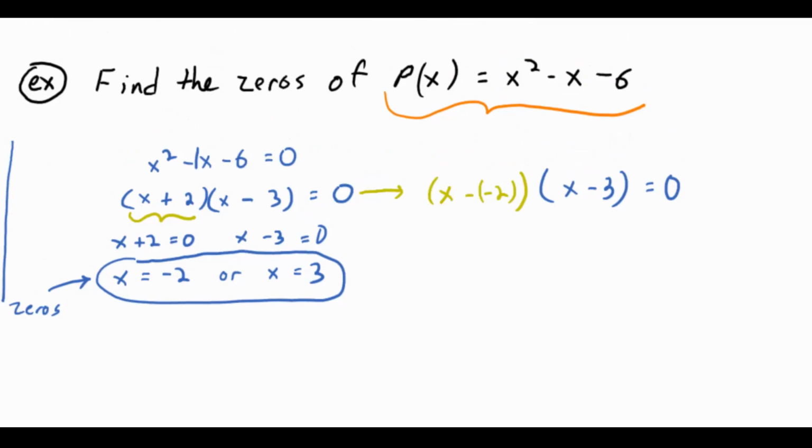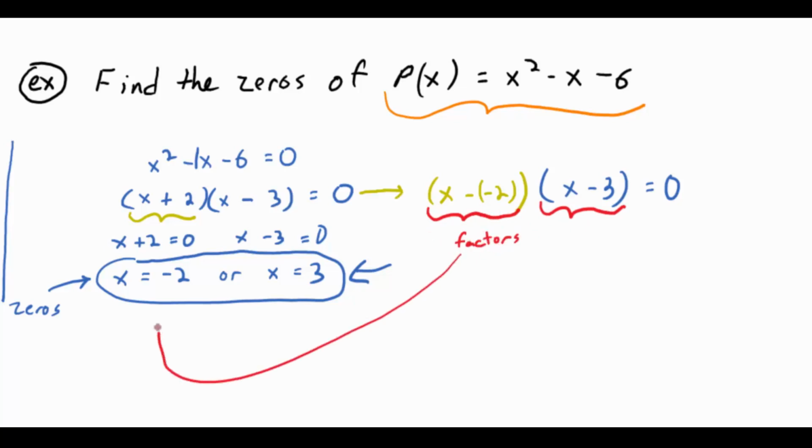If you know that negative 2 and 3 are zeros of this polynomial, then that automatically means that x minus a negative 2 and x minus 3 are factors. So you have this one-to-one correspondence with the zeros and the corresponding factors.